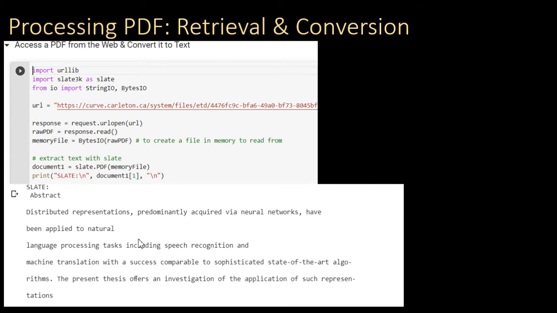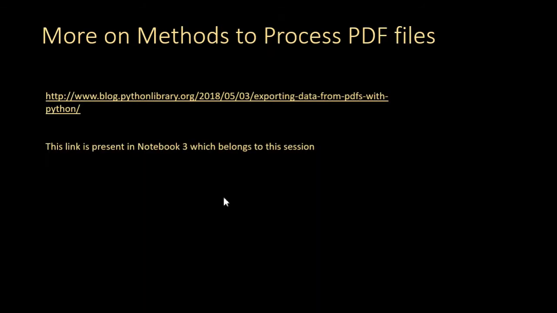You can see the results are comprised of relatively clean text. If you'd like to learn more about PDF processing, take a look at this link. This link is also present in your notebook.